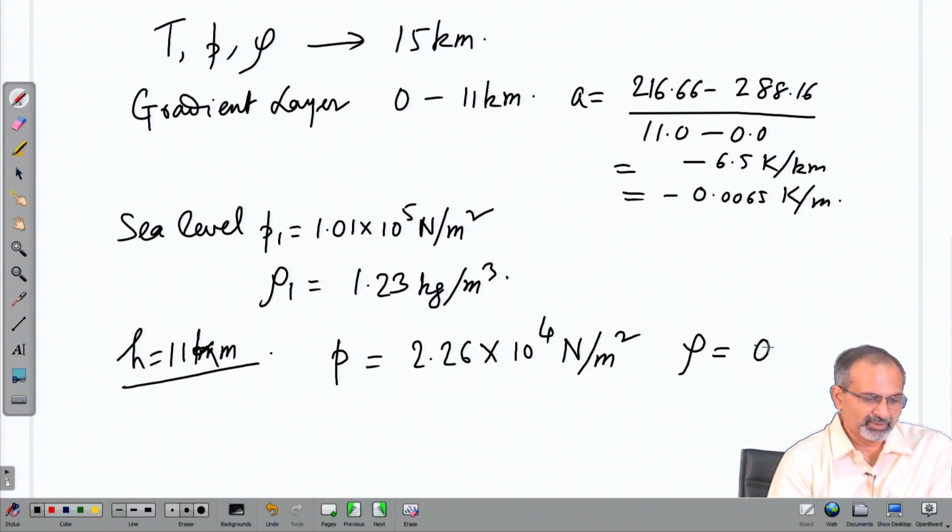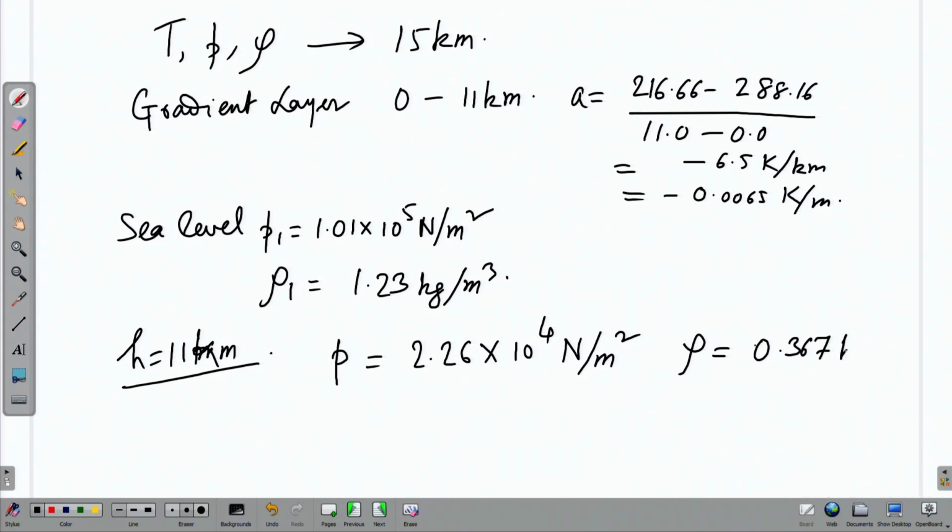Density will work out to be 0.367 kg per meter cube. If you compare these values with the sea level values, you see pressure has dropped to about 22%, density has dropped to about 30% of what you had at sea level at 11 kilometer altitude.